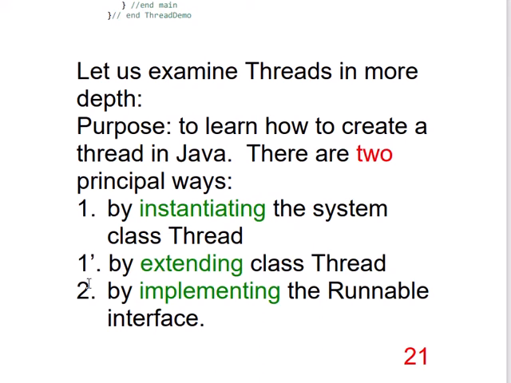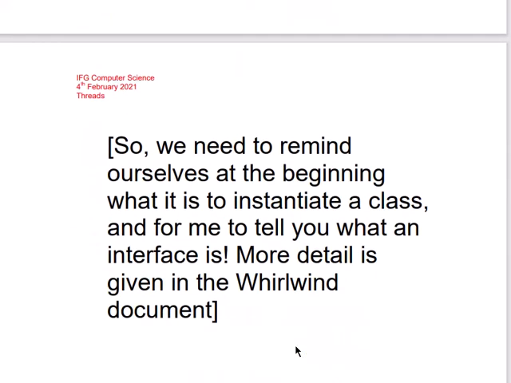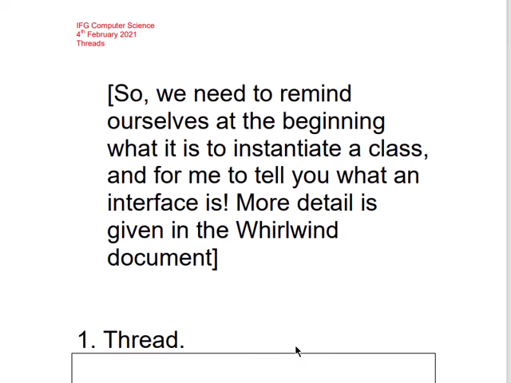And the second main way is to implement what's called the Runnable Interface. At this point in time, I'm just going to say that Runnable is a Java system interface, and I shall explain quickly what an interface is. Java is all about creating a class for which it might be very useful to instantiate any number of objects from this blueprint class.